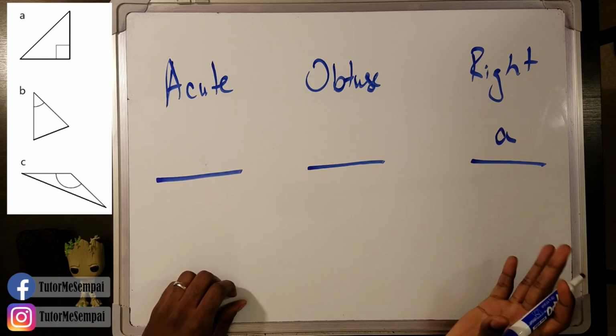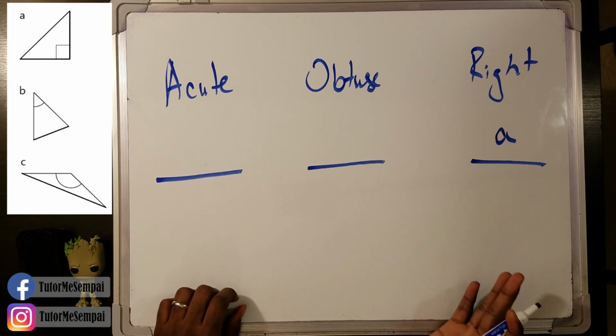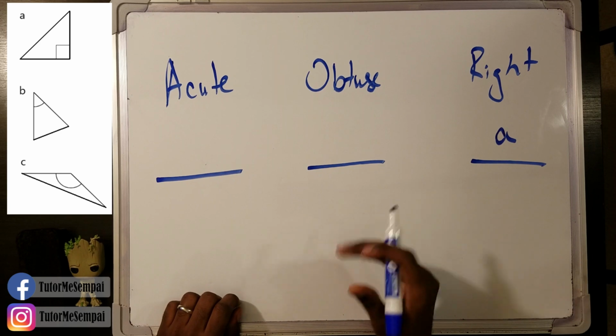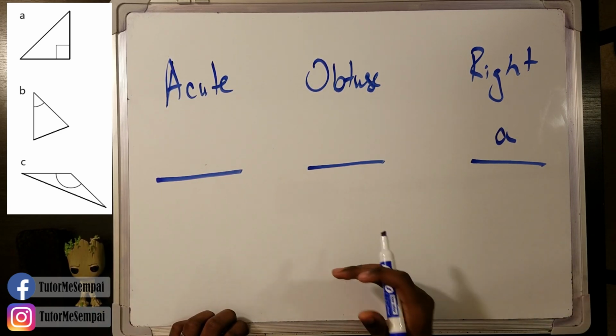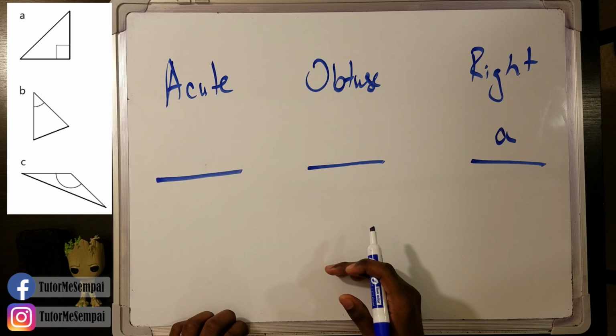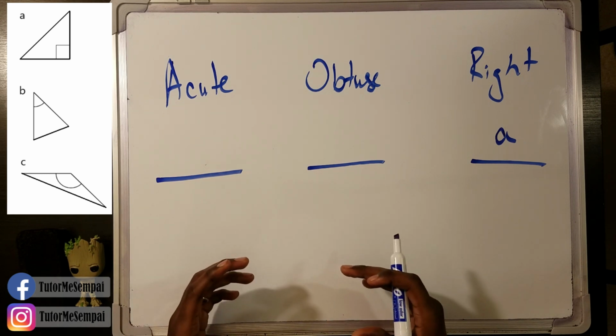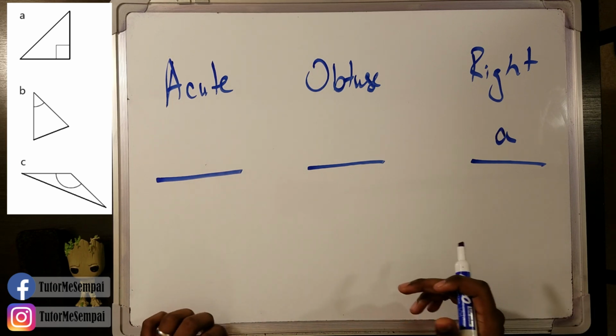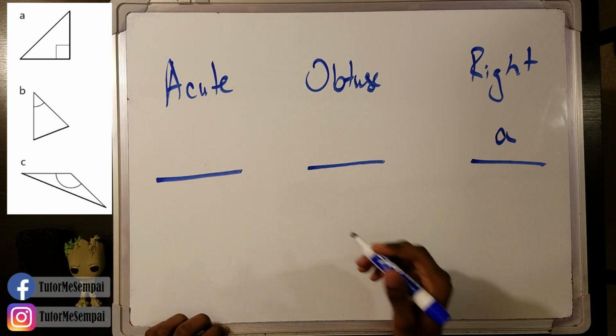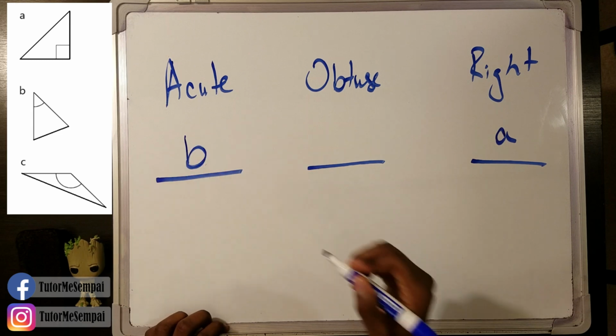Or is it just right when you pop out of bed, you stand up just right? Or is it none of those, falling into an obtuse triangle? Well, it seems like all the angles are pretty small. So we would say this is a cute triangle because it's small angles. So B would be acute.